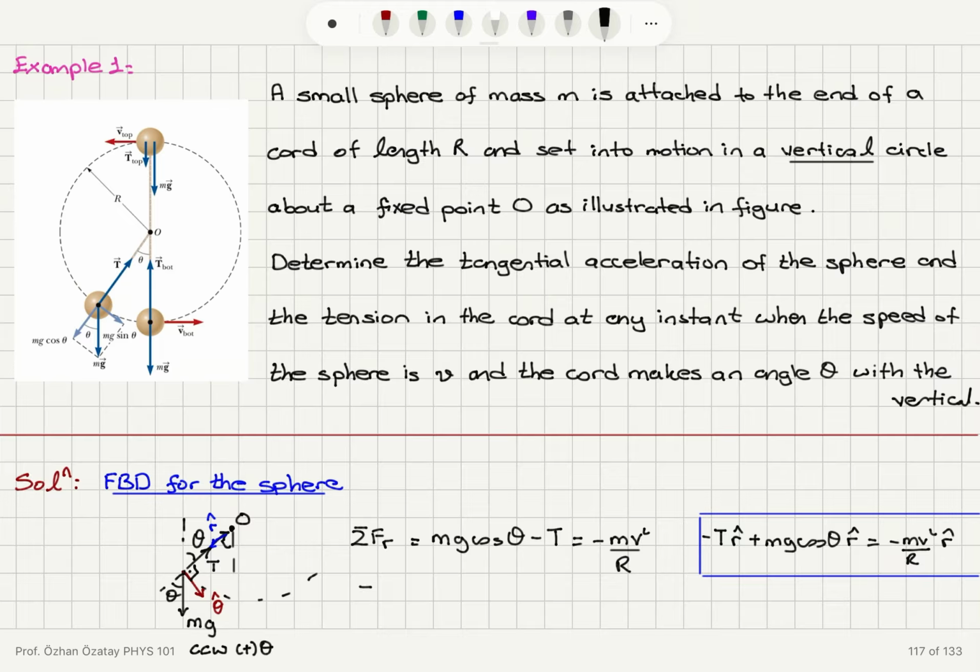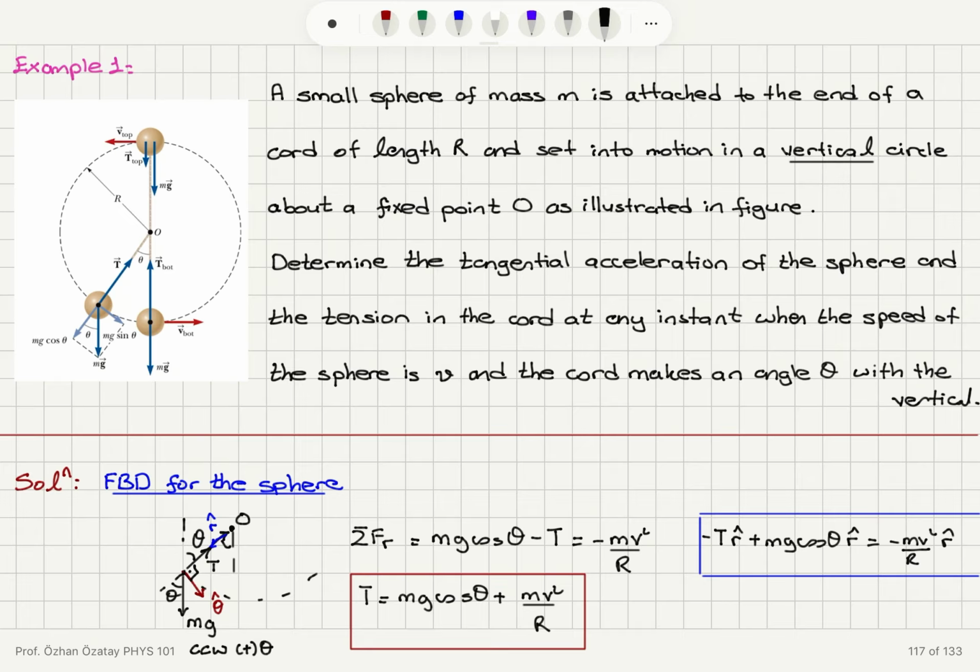Now the tension is therefore mg cosine theta plus m v squared divided by R. So this was one of the questions: what is the tension when the speed is v and the angle is theta? This is the tension.